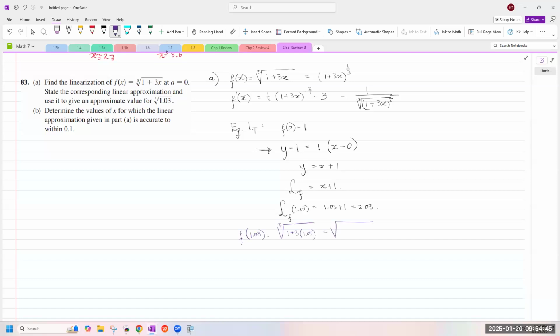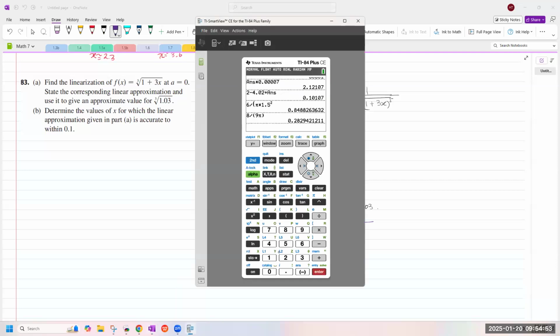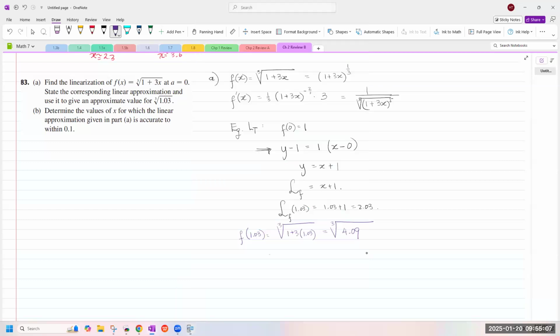That is the cube root of 4.09. So 4.09 to the power of 1 over 3 is 1.59922. Huh? That's a very off estimate.